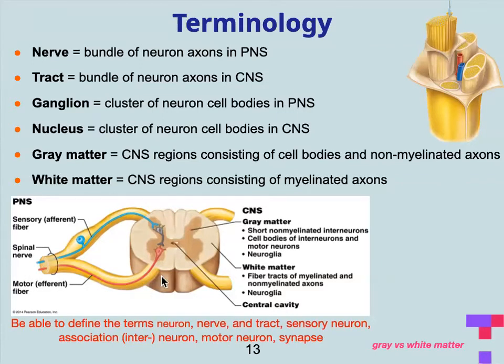That's the motor or efferent neuron. And then we have a neuron situated in between the two that helps integrate and relay information from sensory to motor neuron. That's our interneuron. And then the gap in between them, the junction in between these neurons, those are the synapses.